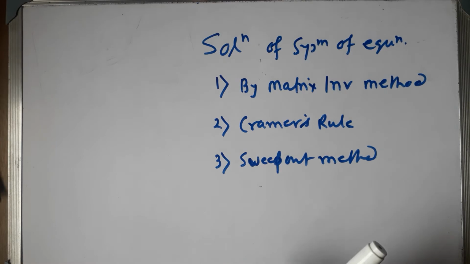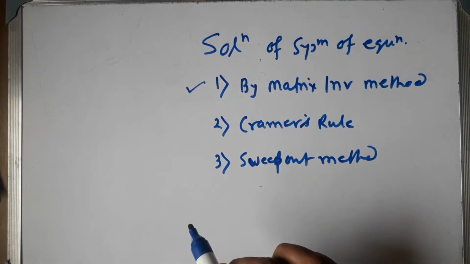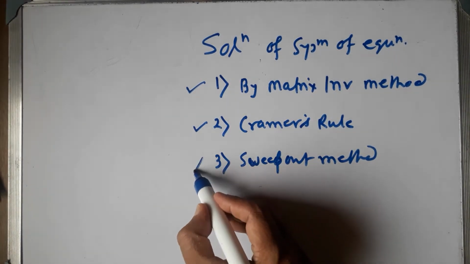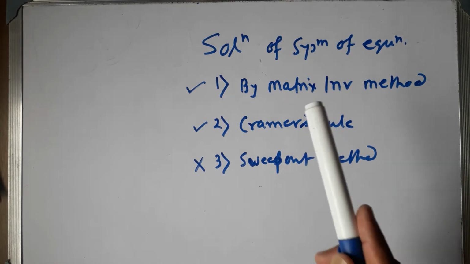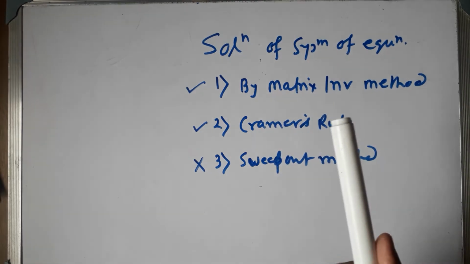In class 11-12 we have already done the matrix inverse method and Cramer's rule. This is the new thing for students of graduation. So first I shall discuss the solution of a system of equations by the matrix inverse method.